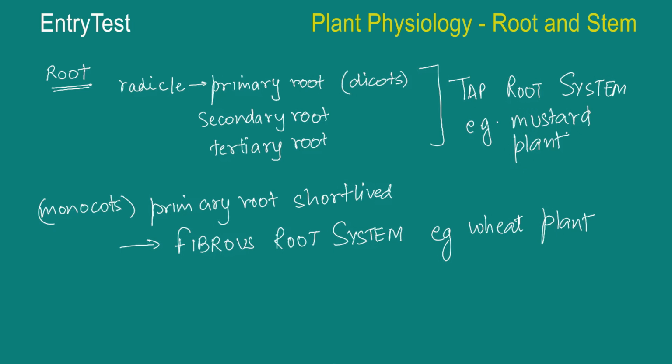Now there's a third kind of system or third kind of roots that is there in plants like grass or even trees like the banyan tree. That is known as adventitious roots.